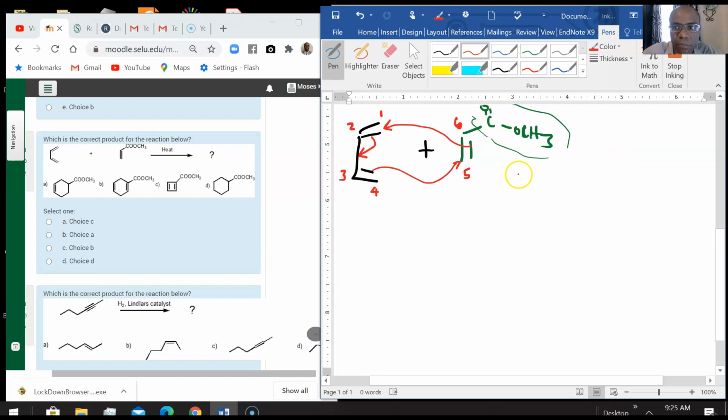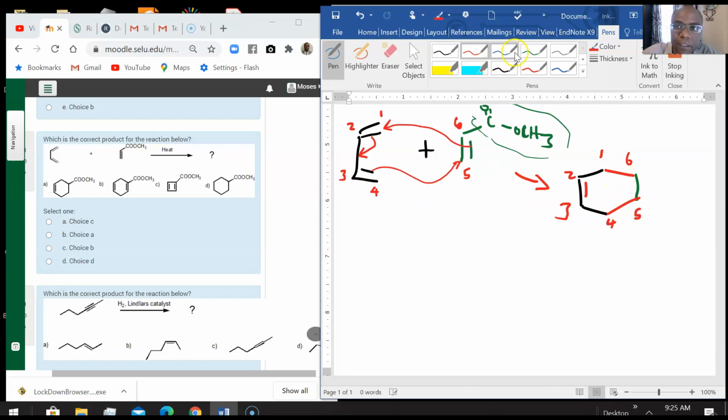So really the product here will be a 6-membered ring, and the 6-membered ring has a new bond between 2 and 3, a new bond between 1 and 6. I'm drawing it in red because those are the arrows in red, and then a new bond between 4 and 5.